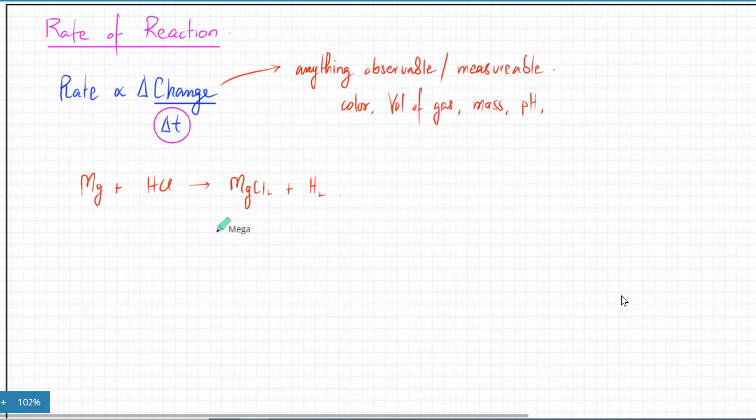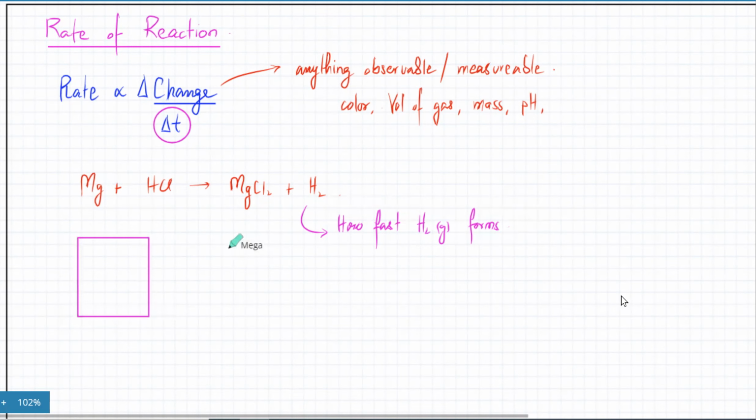So what could you do in this reaction? You can measure how quickly hydrogen gas is forming. That's one thing that you could do, and you can time it. You can also measure, remember there's a beaker and you're putting a piece of Mg in HCl, right?